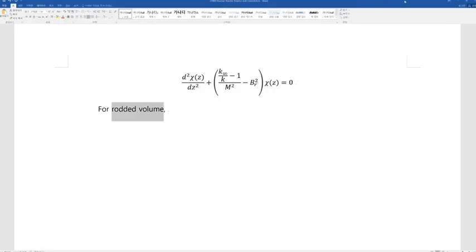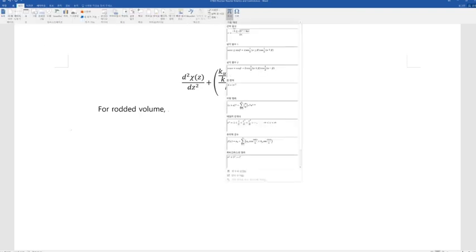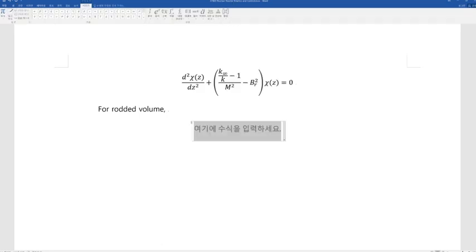So for this shaded volume, the multiplication factor will be different because it is occupied by control rods.